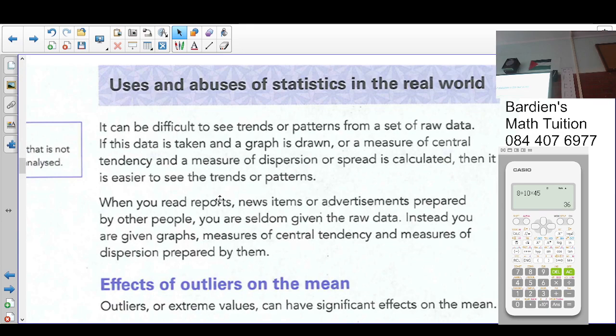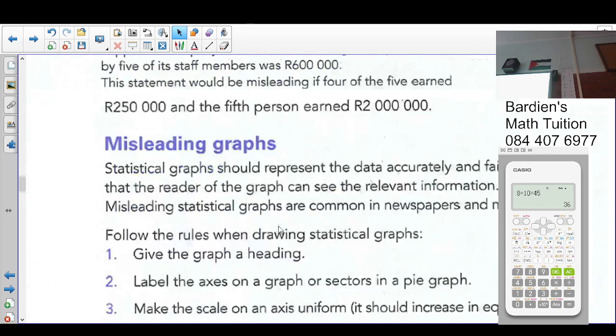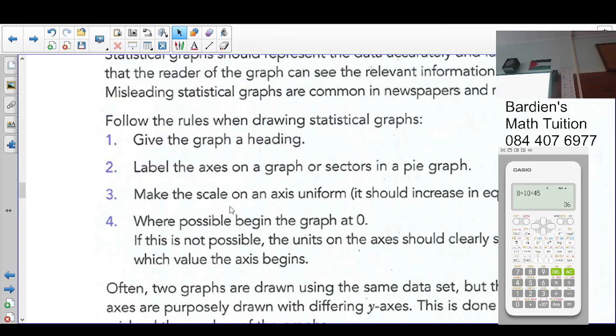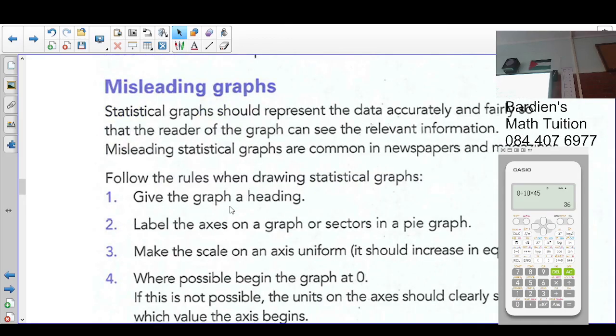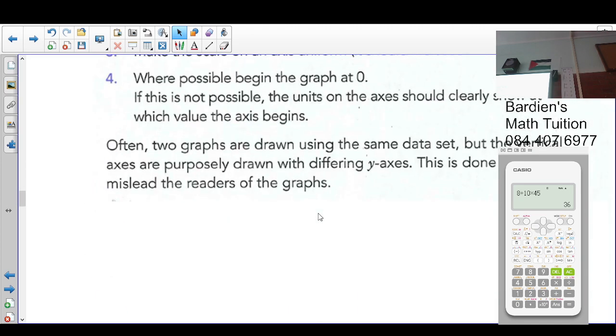Alright, so the use and abuse of statistics in real life, in the real world, you guys can read through them. Okay? So that we are running, and there you got your misleading graphs or your misleading data. I've done this in last year's lesson. You can find this discussion in the description box below.